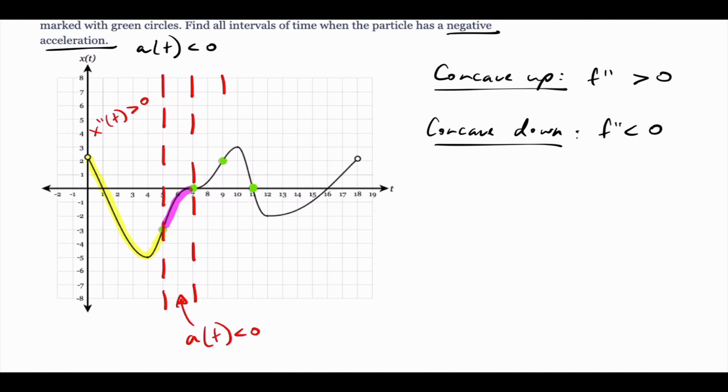Okay, let's go to the next one. From the next green dot to the next green dot, holding water or spilling water? This one looks like it's holding water. It's a cup. Is the cup up or is the cup down? It's kind of a cup up. So this is going to be, oops, why did I put acceleration?